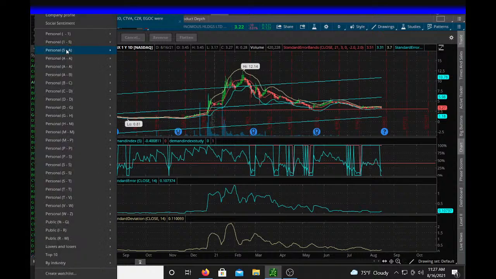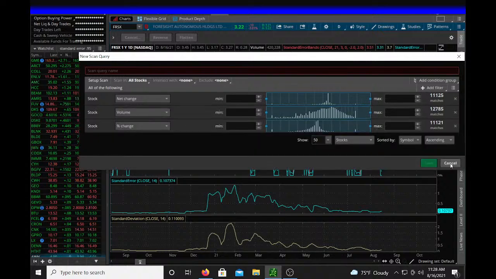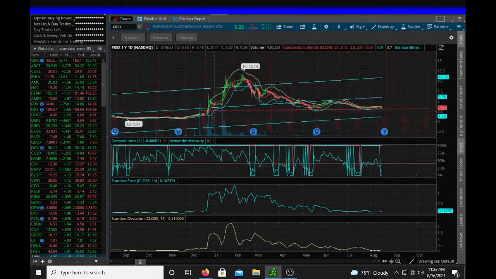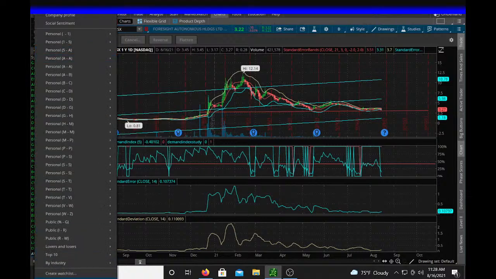Okay, so let's see if we can get this standard error. Create watch list. Okay. Yeah, that's not going to do it. Let's see if that will let me have it.